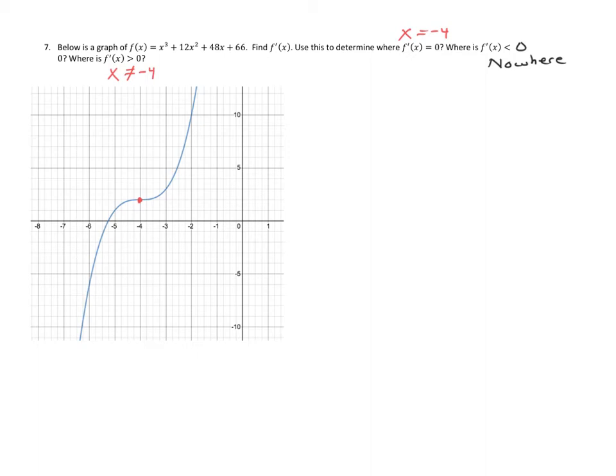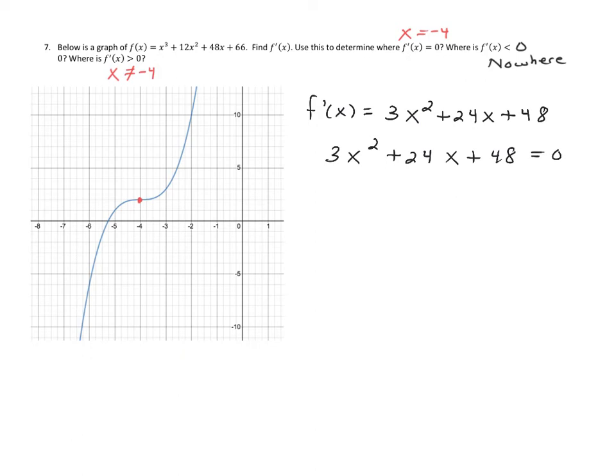So what I'm going to do is take the derivative of the original function and try to set it equal to 0. F prime of x is equal to 3x squared plus 24x plus 48. And I want to know, where is this equation equal to 0?